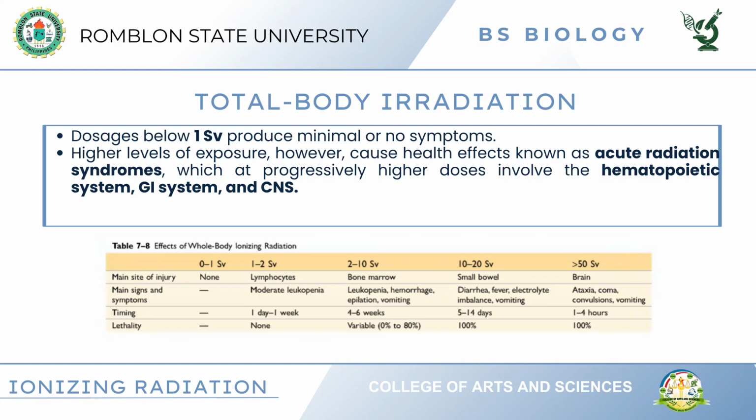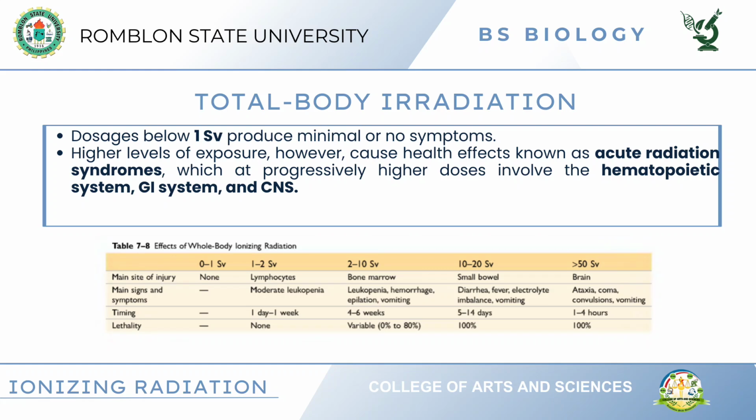So, 1 sievert, yun yung unit na ginagamit, sabi ko nga kanina, to measure the biological effect ng radiation sa tissues. So, if a person is exposed to a dose of radiation below 1 sievert, yung effects, of course, is minimal or absent.